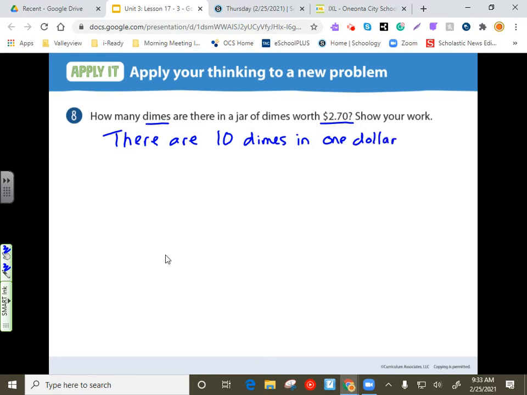So technically, if we want to talk about decimals, a dime is a tenth. And if you add up 10 tenths, that equals $1. So again, money's a great way to relate to decimals and wholes, between dollars and cents. So if there's 10 dimes in $1, $2 will equal 20 dimes.